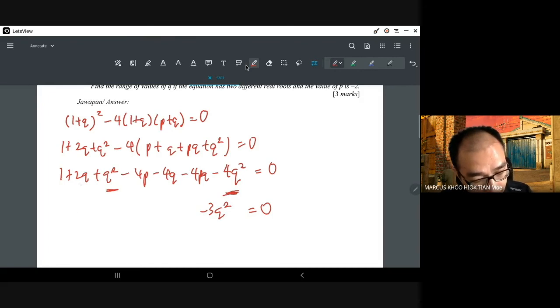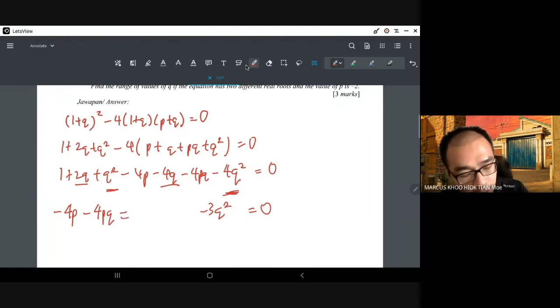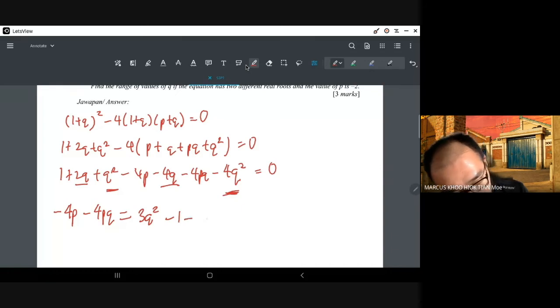Oh, okay, fine. This q and this q can combine. Sorry, hold on. So minus 4p minus 4pq equals to, I'm going to bring everything across, equals 3q squared minus 1 minus 2q plus 4q.